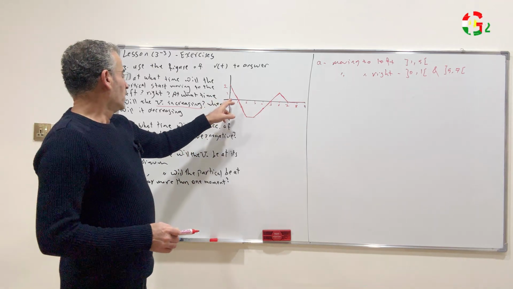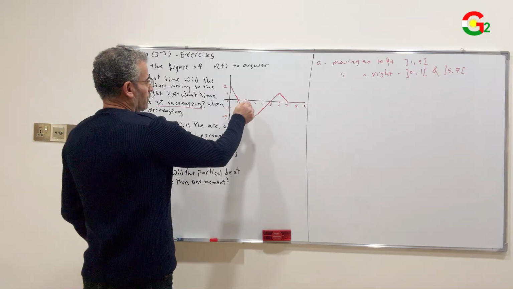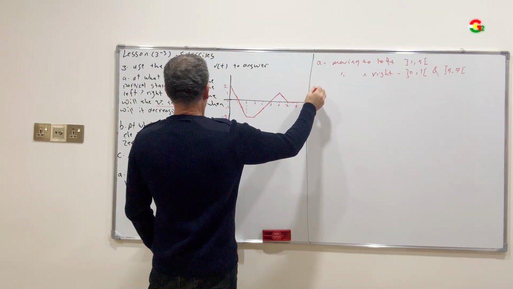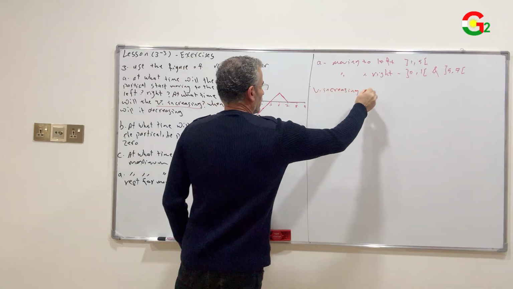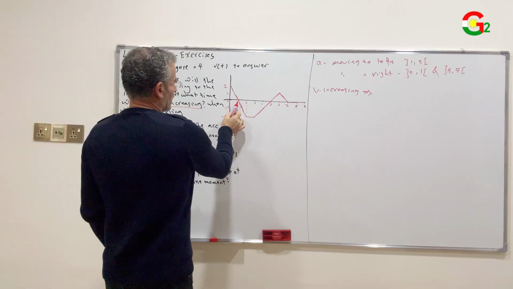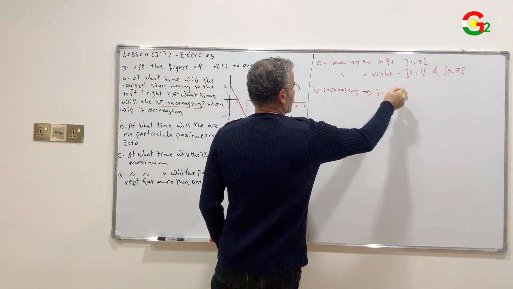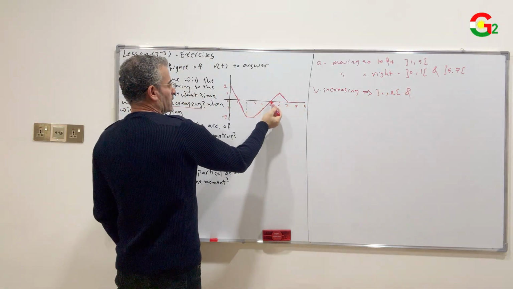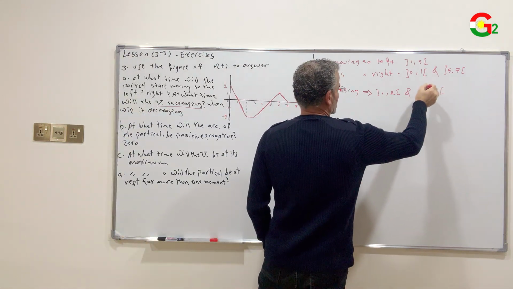So the velocity is increasing in the interval 1 to 2 when it is negative and decreasing, and when it is positive and increasing, in the interval 5 to 6.